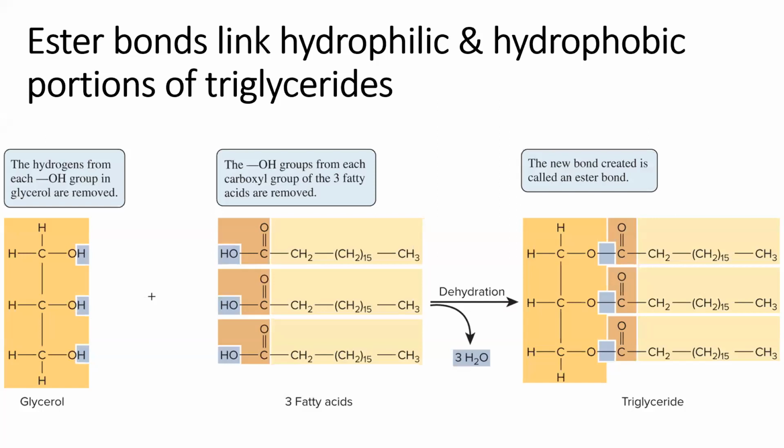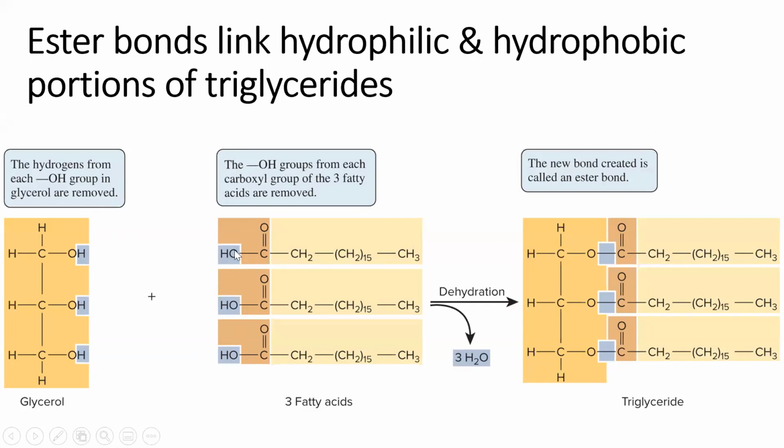All right. So ester bonds link the hydrophilic and hydrophobic portion of the triglycerides. So the glycerol, you remove one, two, three hydrogens from here, one, two, three hydroxides. So you're losing how many water molecules to form a triglyceride?